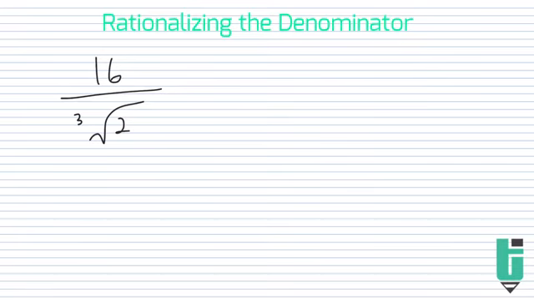Okay, so let's look at another example. Say we are given 16 over the cube root of 2, and we're asked to simplify this, or just to rationalize the denominator. We know that the cube root of 2 is not rational, and we can see we have a radical in the denominator.